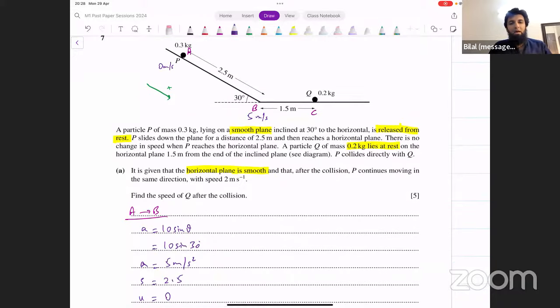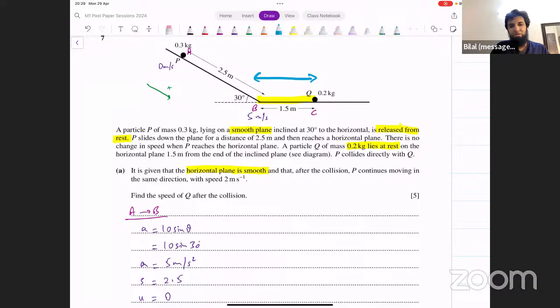Okay. And now the particle starts moving on the horizontal plane from B to C. What happens from B to C? The horizontal plane is also smooth. Now, if the horizontal plane is smooth, there is no force acting in the direction of motion from B to C direction. So the resultant force is 0.